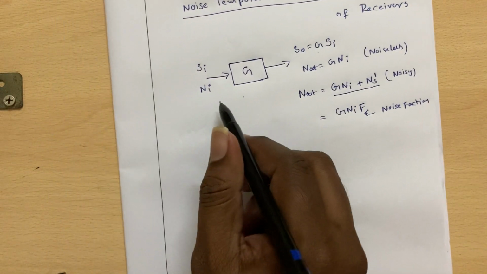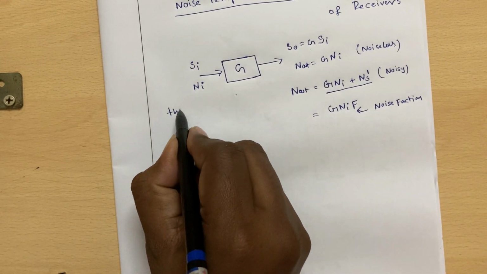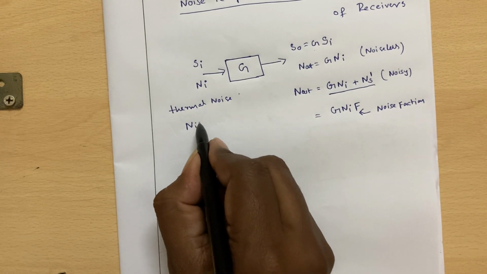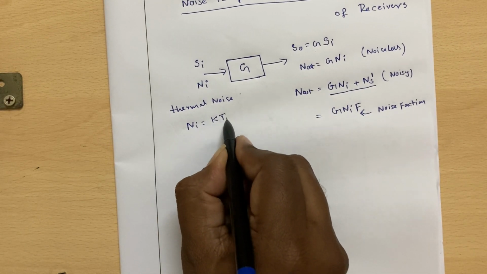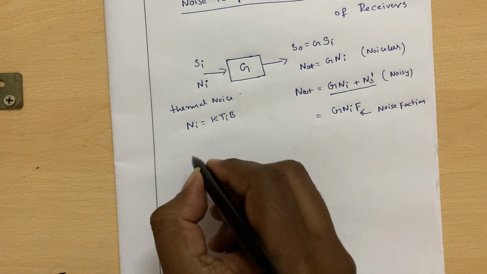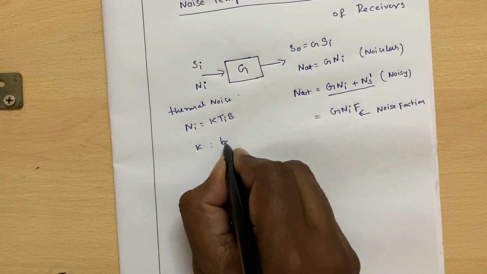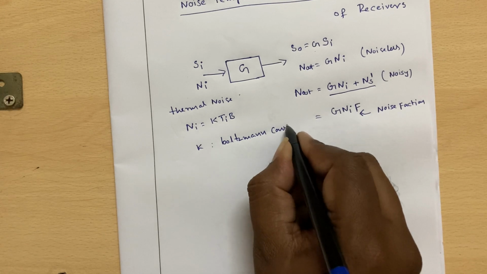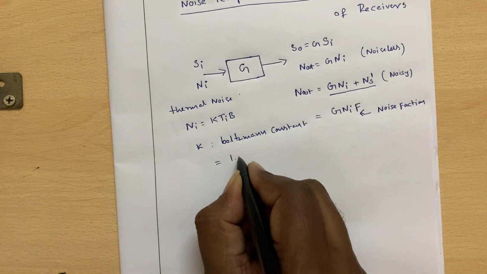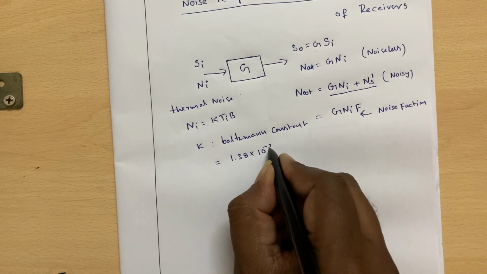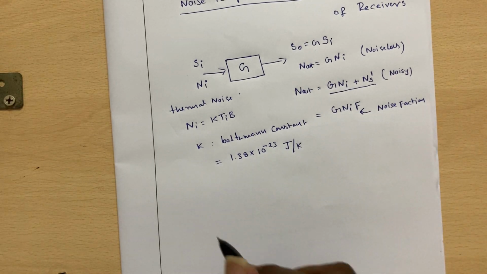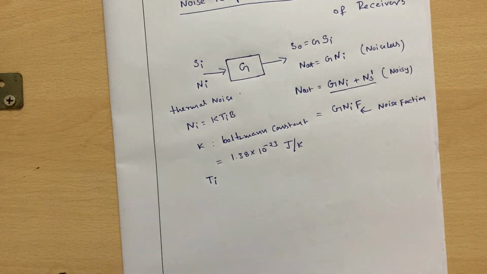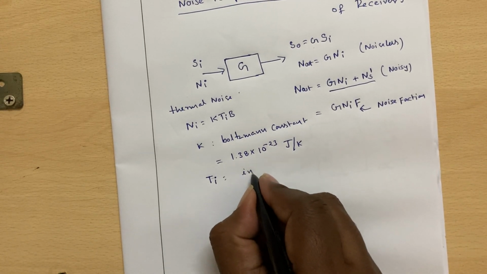Ni is the input noise power, which is thermal noise, so Ni can be written in terms of the temperature as k Ti into B, where k is the Boltzmann constant, whose value is 1.38 into 10 power minus 23 joules per Kelvin, and Ti is the input noise temperature.